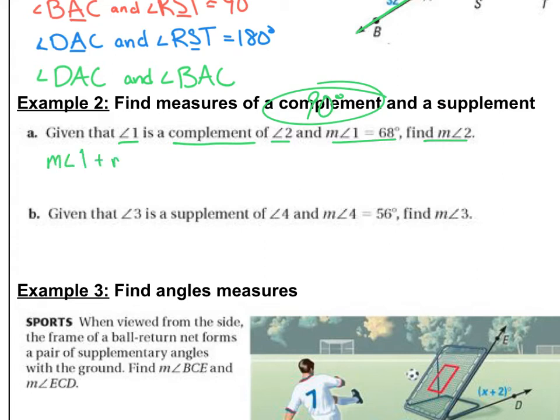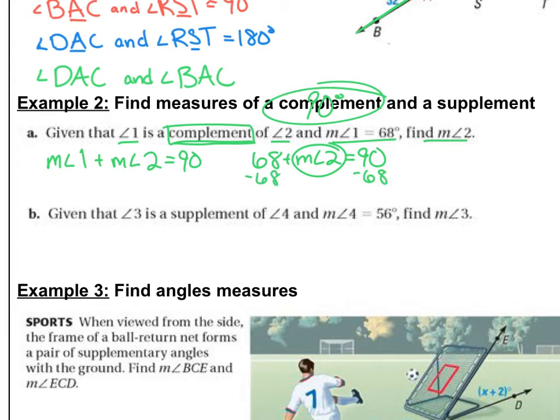Measure of angle 1 plus the measure of angle 2 equals 90. That's complement. We know the measure of angle 1 to be 68. We don't know the measure of angle 2, but we know together they have to equal 90. This is like our variable. So to figure that out, we're going to subtract 68 on both sides. And when I do that, I get the measure of angle 2 equal to 22 degrees.